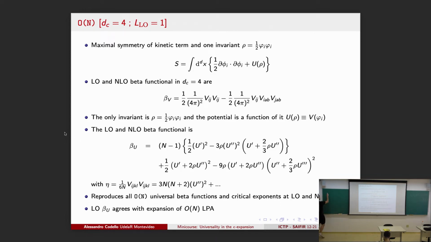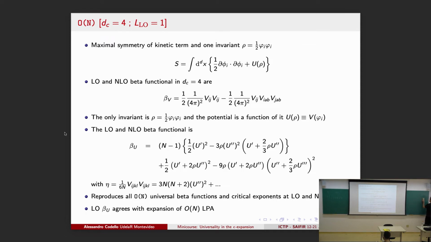So in the ON case, we have a field which carries a representation of ON, and our action has the ON invariant kinetic term. Then there is our potential, and the first thing we need to do, which in the case of the ON is basically trivial, is to speak about invariants.